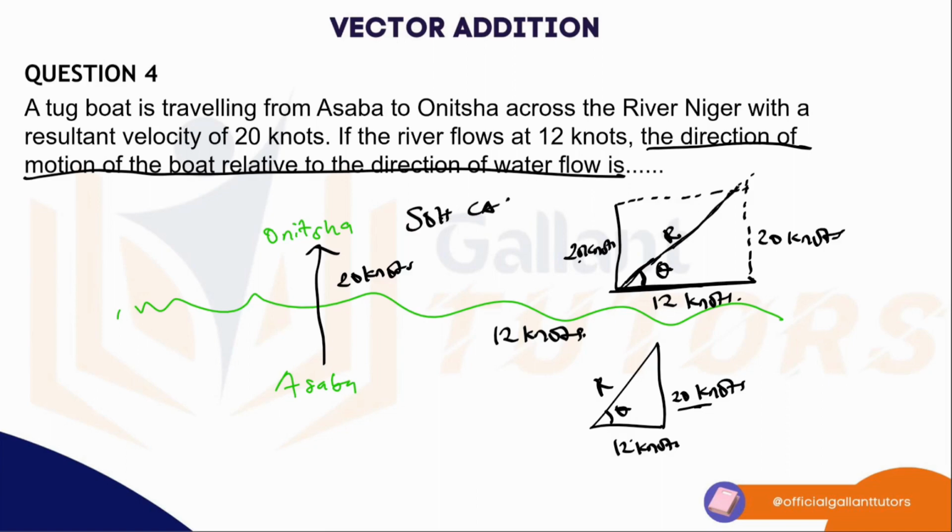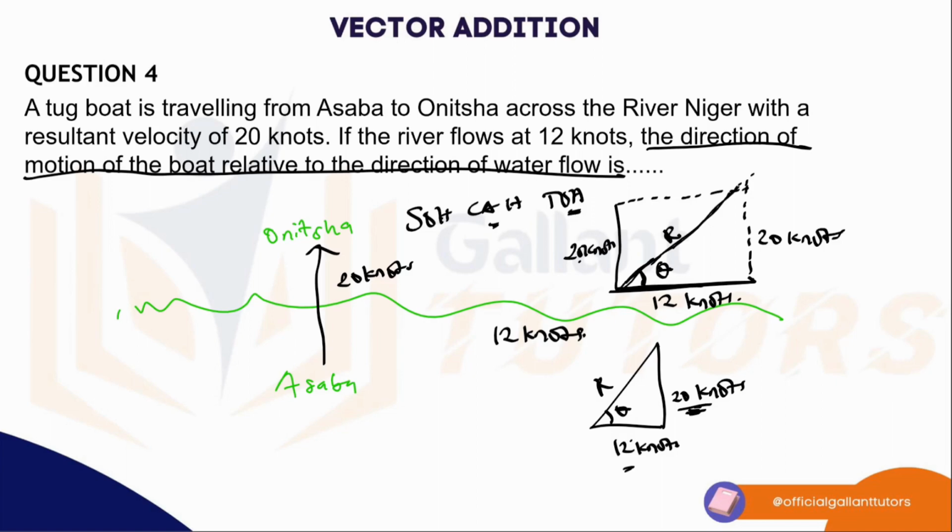So remember SOHCAHTOA. So we have adjacent, right? This is adjacent, and opposite and adjacent. Exactly. 20 is opposite, 12 is adjacent. Alright, so from here we're going to use what? Which formula are we going to make use of?